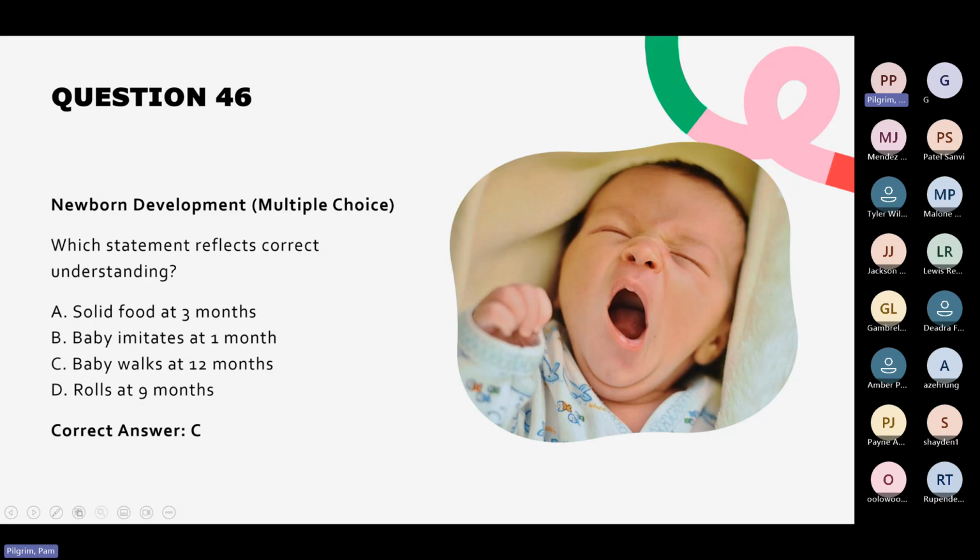But you can see babies walk as early as 9 months, and some may be a little bit slower. Rolling over is generally earlier than 9 months, babies don't imitate at 1 month old, and solid food at 3 months is too soon.